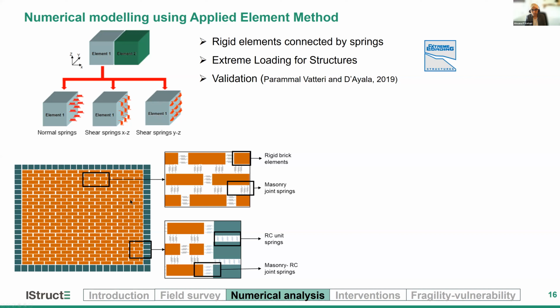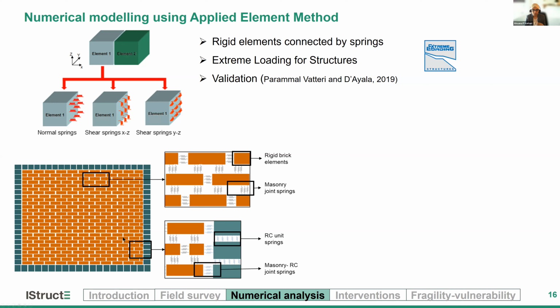This method works by defining these springs with equivalent properties of the materials that they represent. So we have these rigid elements, and all of the material stresses and strains are captured through these springs.